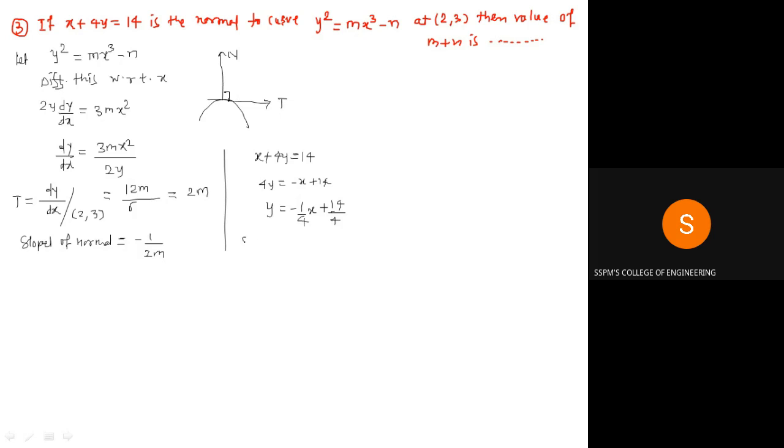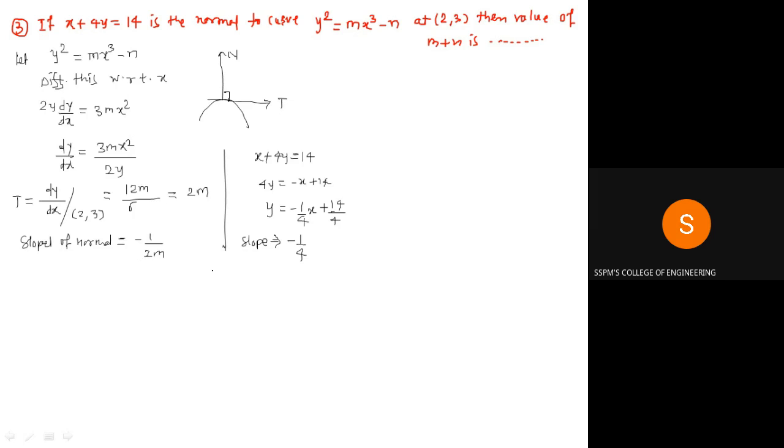तो slope क्या होता है? What is that actual slope of normal? It is minus 1 by 4. And what is that slope of normal from their tangent, or from their slope of tangent? It is minus 1 by 2m. So just compare, and after comparing you will get the value of m, because these two slopes are of normal.